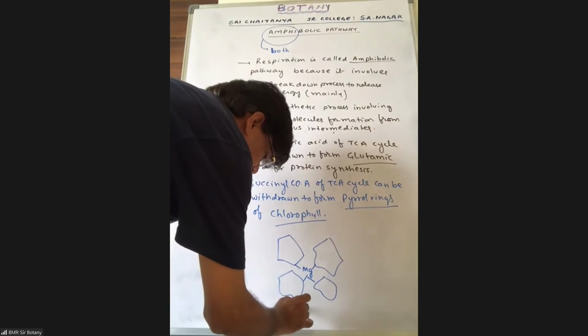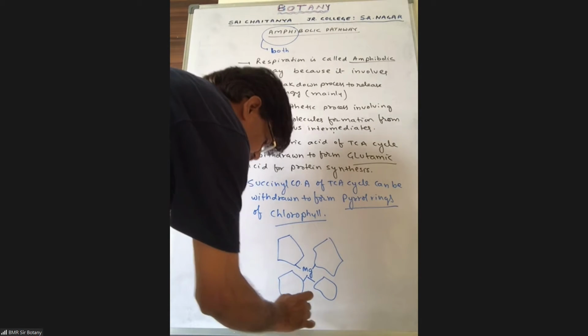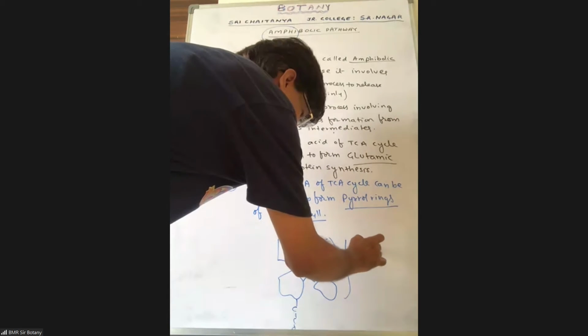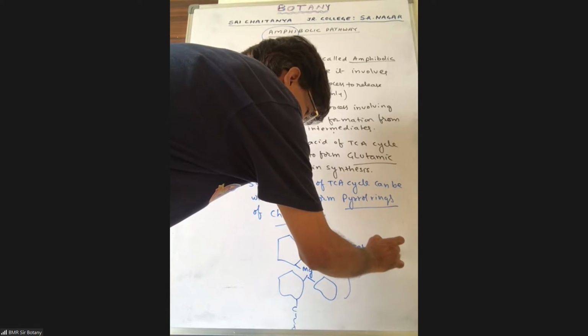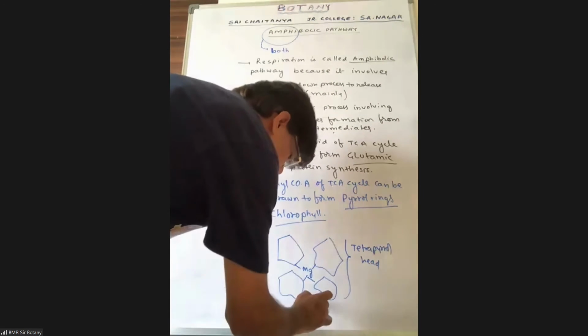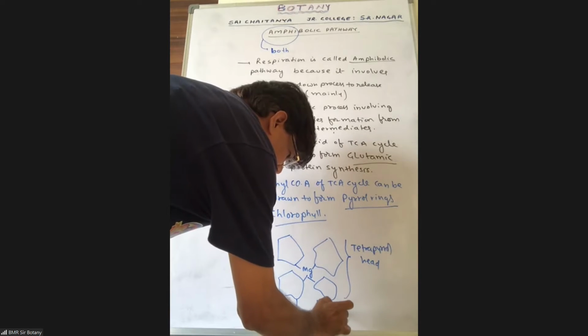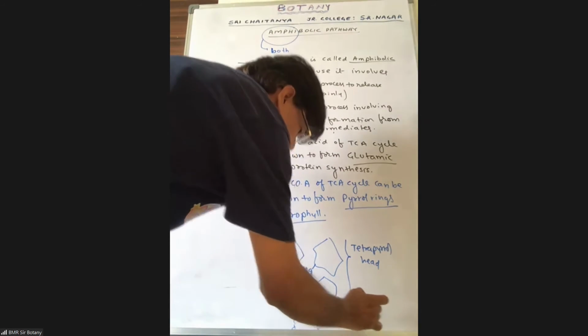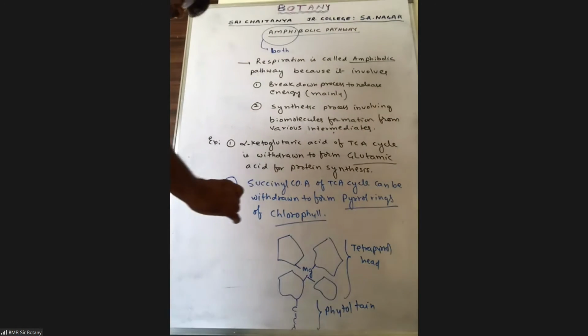Then the tail of carbons and hydrogens is there. So this part is the tetrapyrrole head, and this part is the phytol tail. Together called the porphyrin structure.